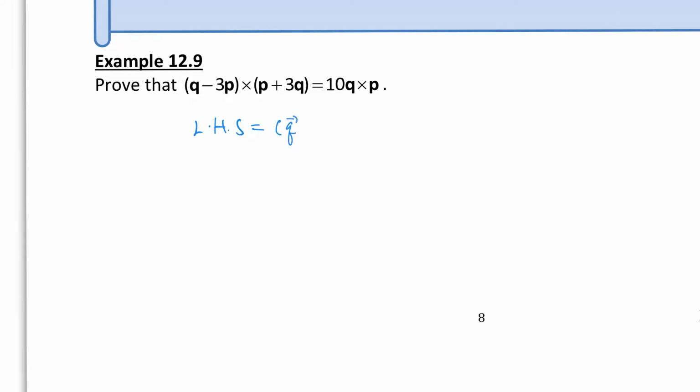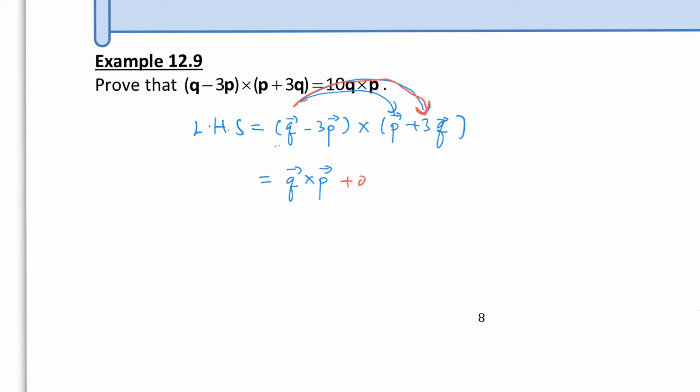According to the distributive law, we can distribute it, but the direction is very important. Similar to expanding brackets, Q cross P, and this one is very important. What is the value of Q cross Q? Remember, if the same vector, same direction, cross together, it is equal to 0 because the angle between them is equal to 0.